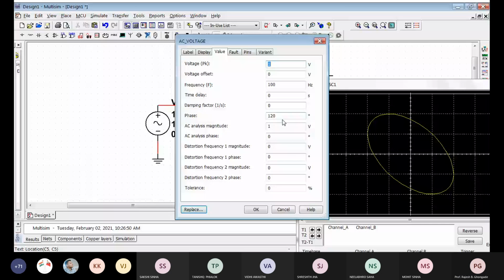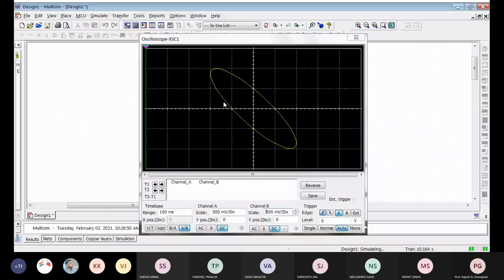This is A, this is B, or the other way around. This is A, this is B. Okay, have you understood? Have you seen one particular thing that is being developed here?